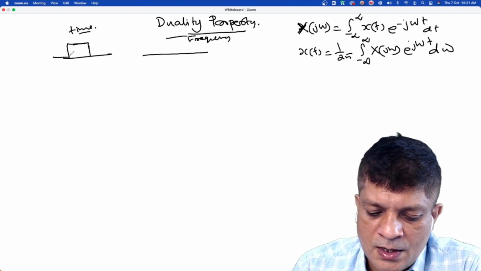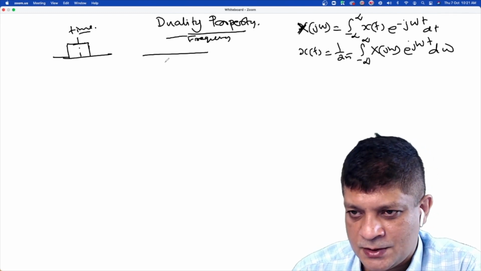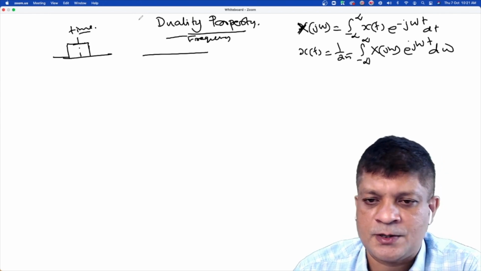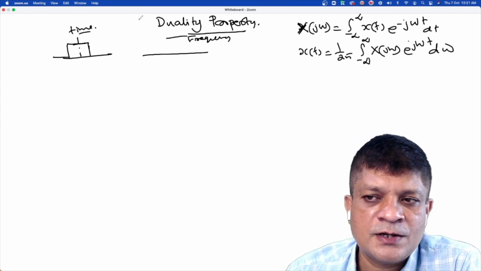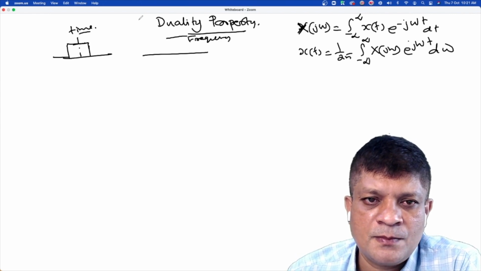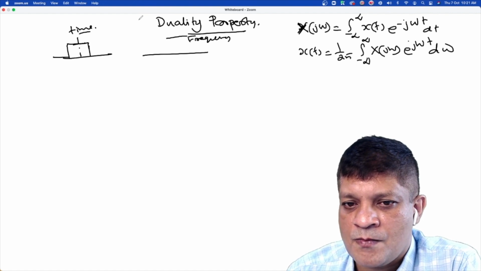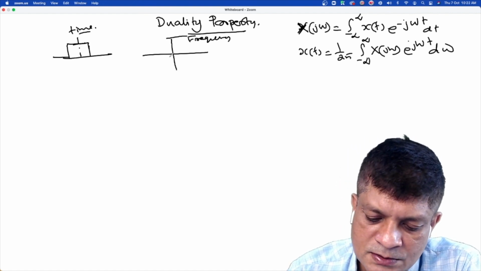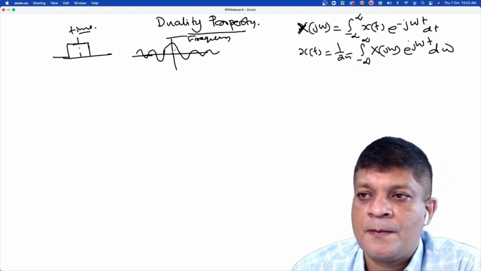Spectrum means if you plot X(jω) as a function of ω. What is the Fourier transform of a rectangular pulse? It is a sinc function, isn't it?